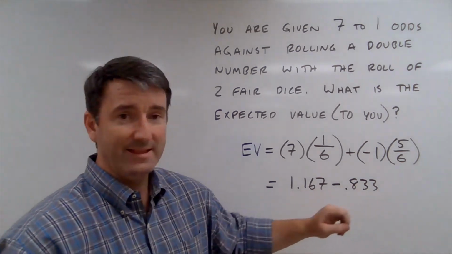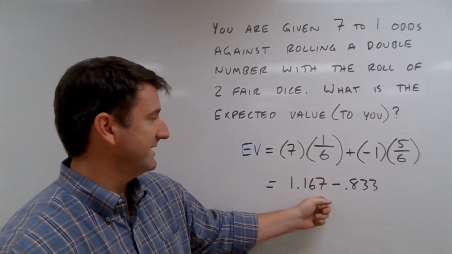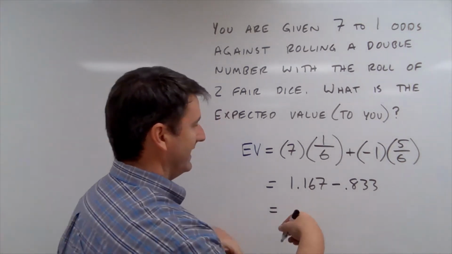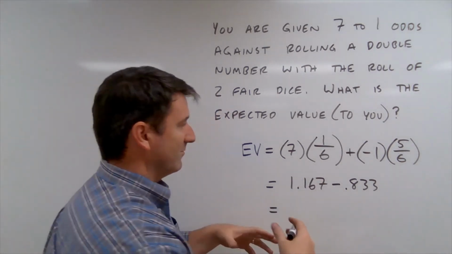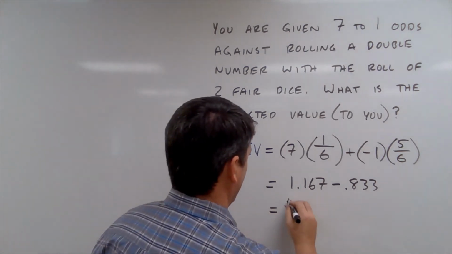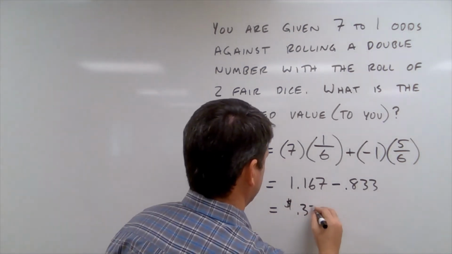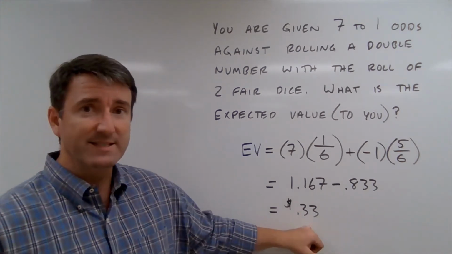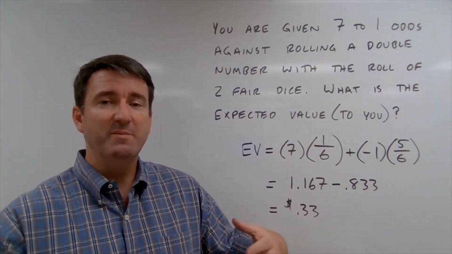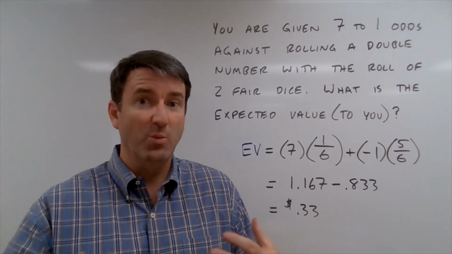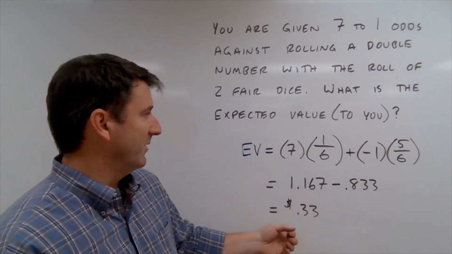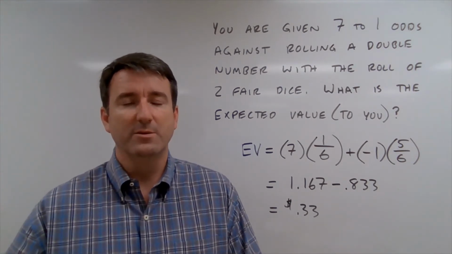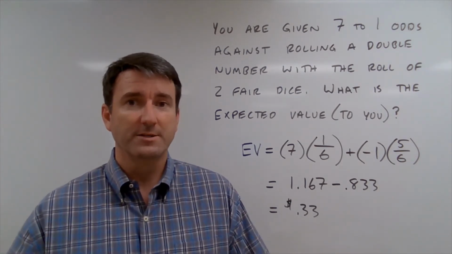And then if we add these together, 1.167 minus 0.833, we get an expected value rounded to the nearest cent of 33 cents. So this is a good game for us. We have a positive expected value, which means that over time, we're going to expect to win money. In fact, if we were to bet $300, we could expect to win about $100.